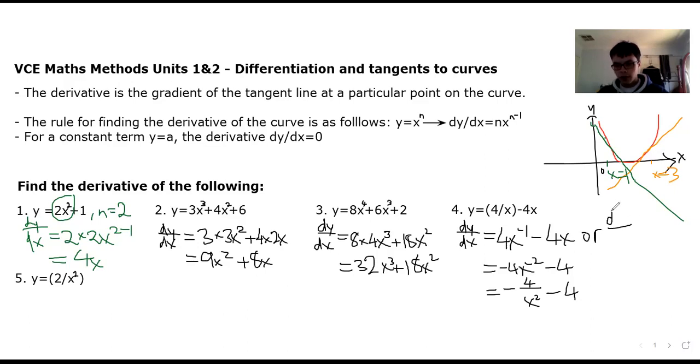So we have dy dx equals -4 over x squared minus 4.